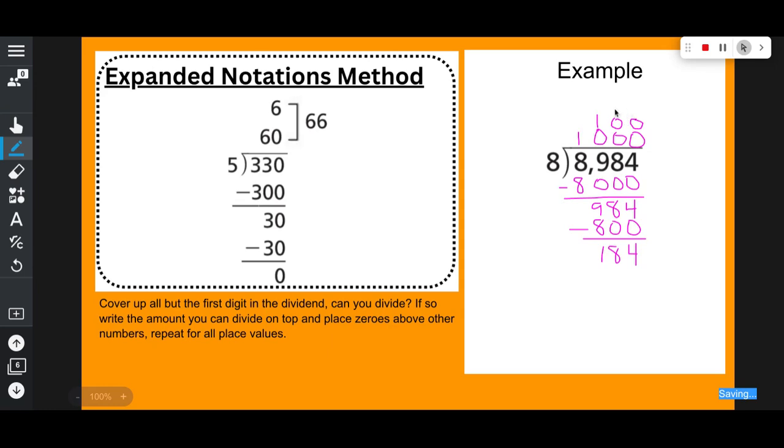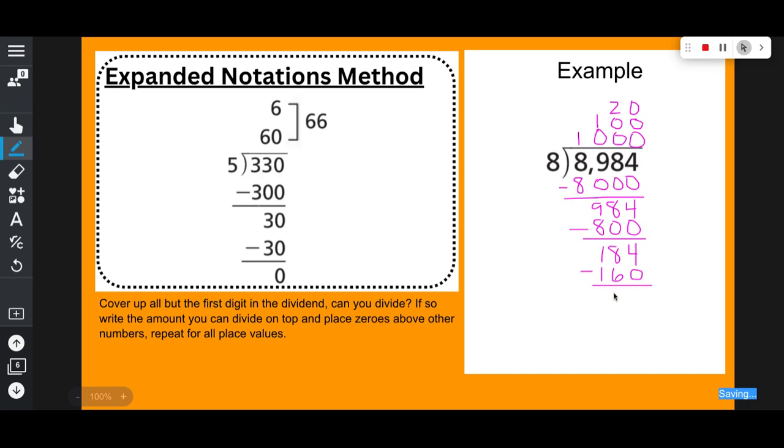Now I'm in the tens digit. So I'm going to cover up just the 4, and I have 18 in the tens digit. How many 8s go into 18? 2. And then I'm going to put a 0 in the ones digit. 20 times 8, well, 2 times 8 is 16 with a 0 at the end.